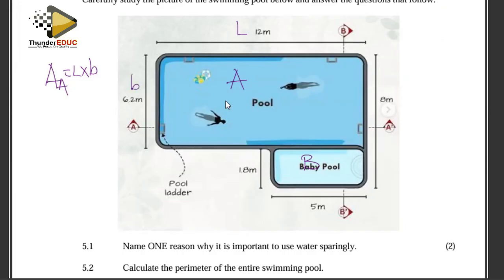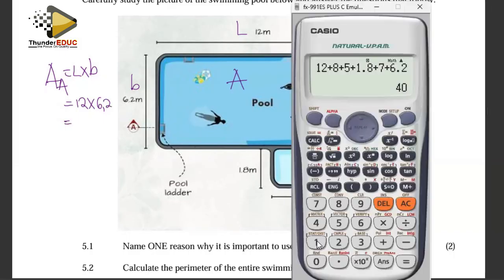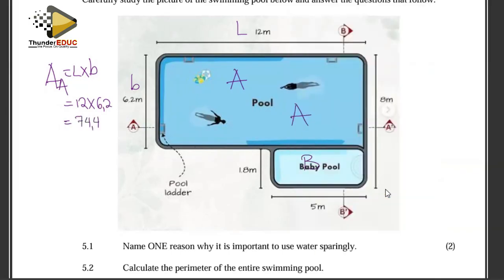This is what I'm calling A. Its length being 12, its width being 6.2. The answer becomes 12 times 6.2, so the answer there is 74.4 meters squared. Leave that one alone.